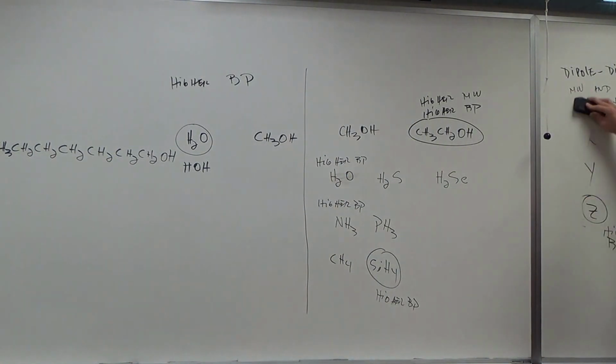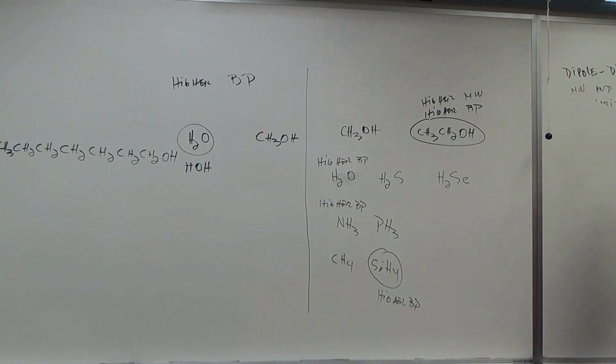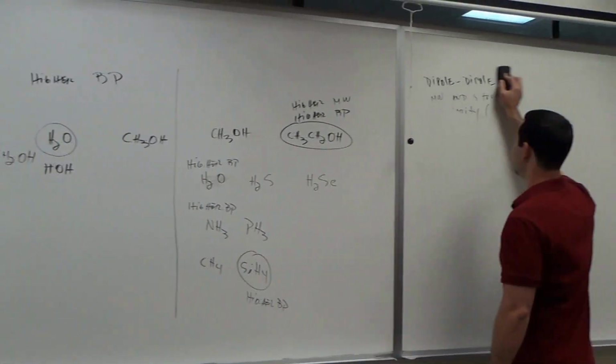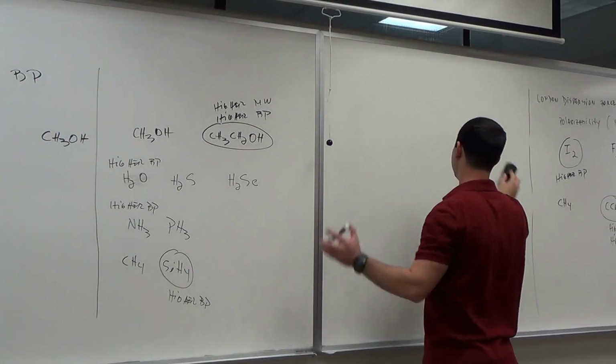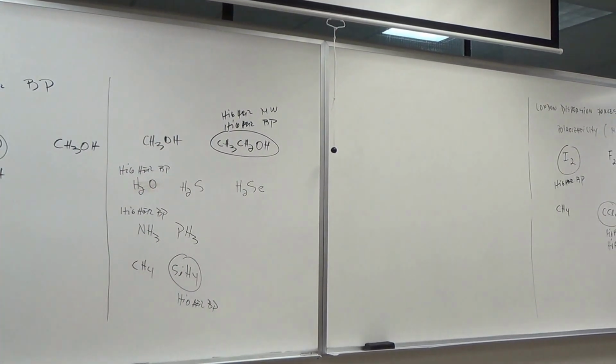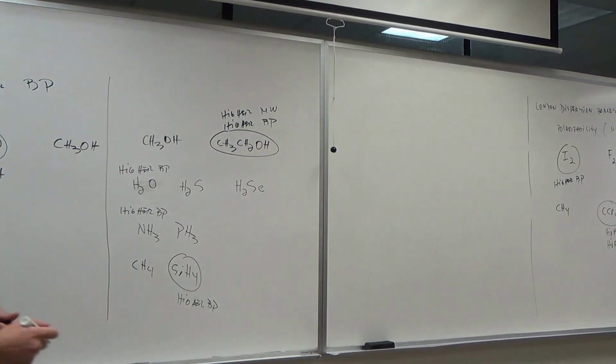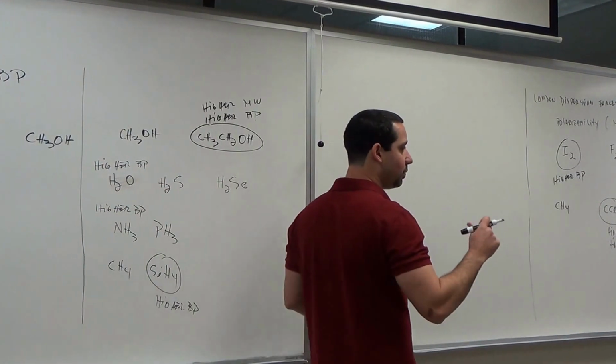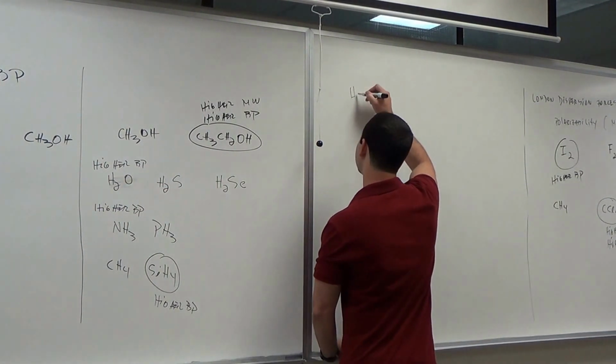A hydrogen bond is a type of what force? Intermolecular. Yes, but a type of which ones? I already gave all to you. You gotta put them somewhere. Is it ion-ion forces? Dipole-dipole, that's right. So, hydrogen bonds is a type of dipole-dipole force.